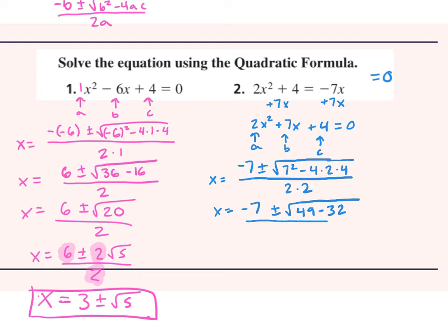And then this is over 4. 49 minus 32 is 17, over 4. And we can't simplify the square root of 17, so we are done here. So our answer is x is equal to negative 7 plus or minus square root of 17 over 4.